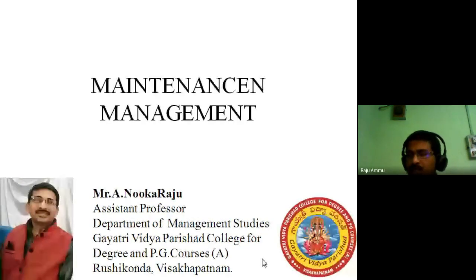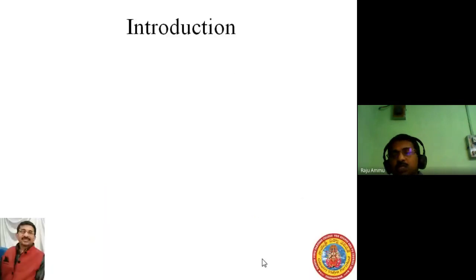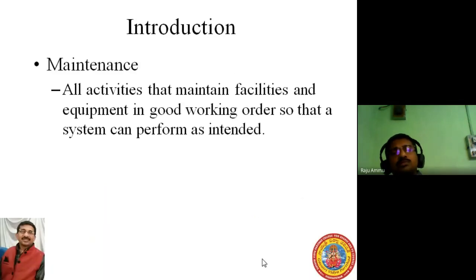Maintenance covers all activities that maintain facilities and equipment in good working order so that a system can perform as intended.